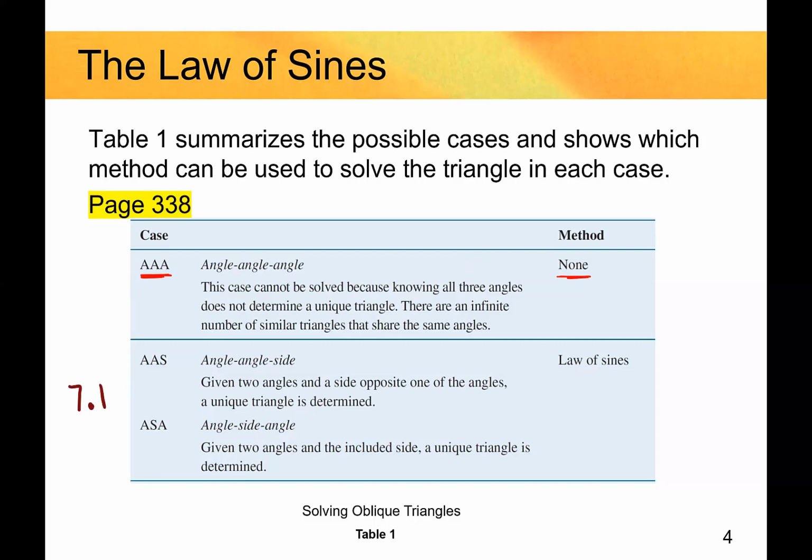The law of sines would work if you have two angles and some kind of side, or two angles and the side in the middle. In any case, you need two angles because you need to get to the third angle right away. That's the law of sines from 7.1.